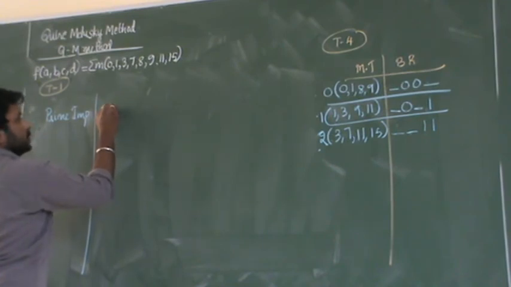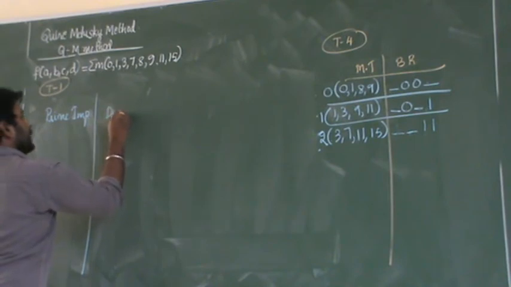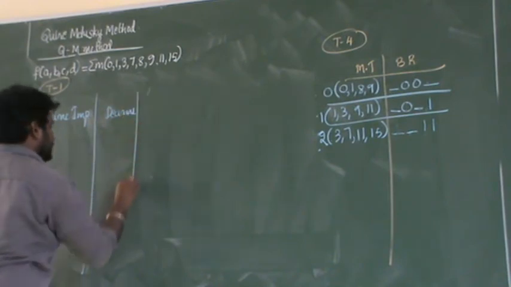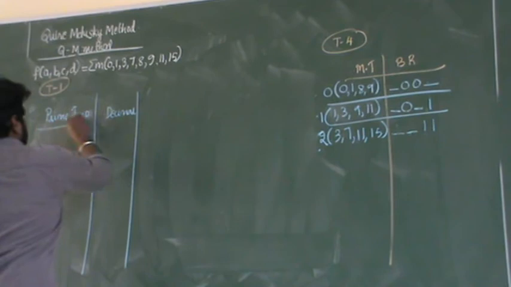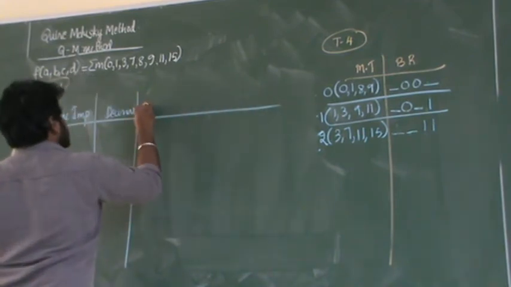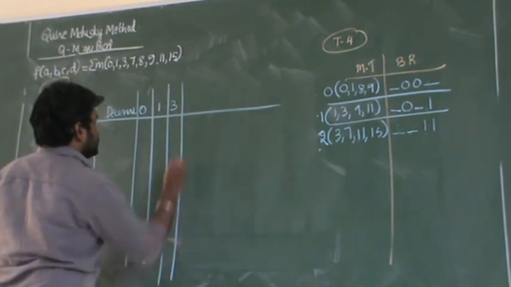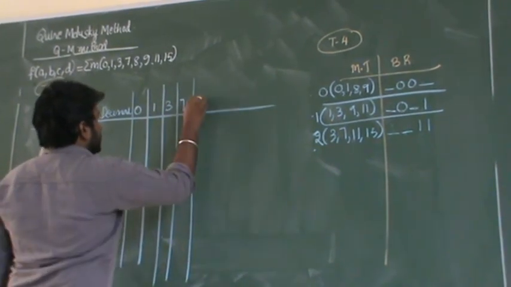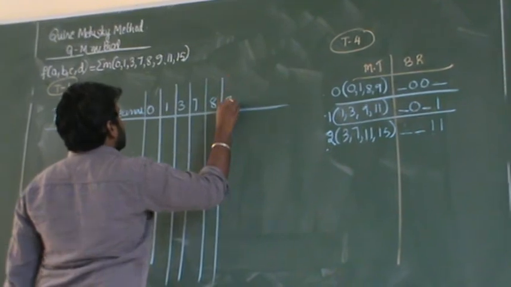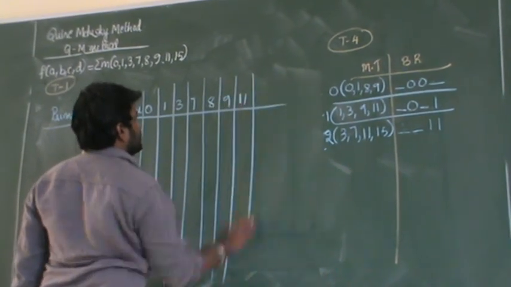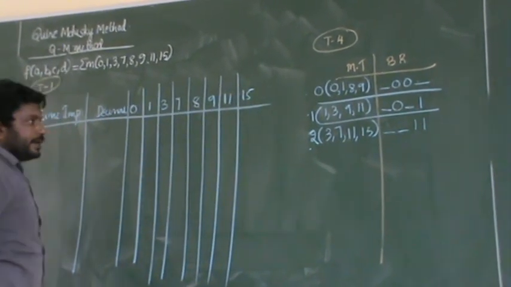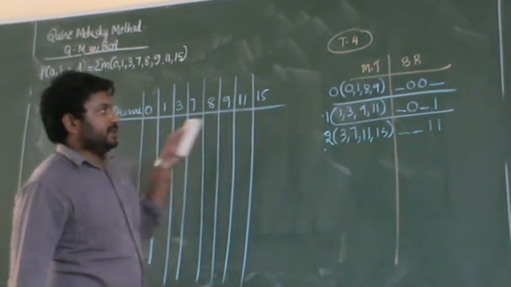Then the decimal equivalent. Then the minterms, or whatever they have given in the question. That is 0, 1, then 3, then 7, then 8, then 9, then 11, then 15. So write down all these terms here.